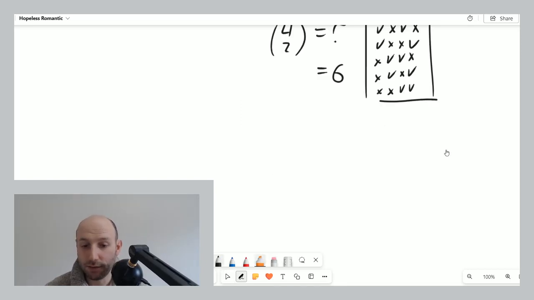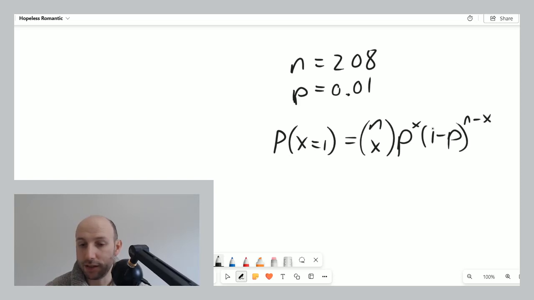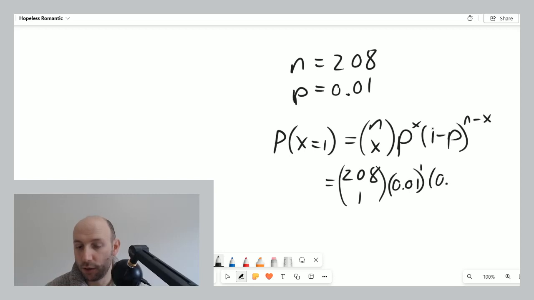So, if we have 208 attempts, and the probability of success during each attempt is 0.01 or 1%, the probability of one success is n choose x, p to the power of x, 1 minus p to the power n minus x, which comes to 208 choose 1, multiplied by 0.01 to the power of 1, times 0.99, that's 1 minus 0.01, to the power of 207, because that's the number of failures.